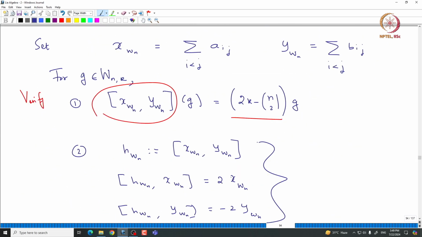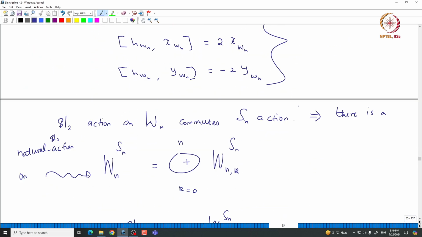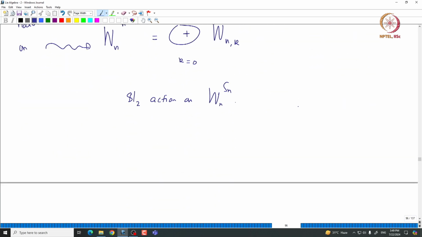If we take W_n^k, you can see that for any g, the action of this commutator gives us (2k - n choose 2) g, with k fixed. So, W_n^k is the weight space corresponding to 2k - n choose 2.